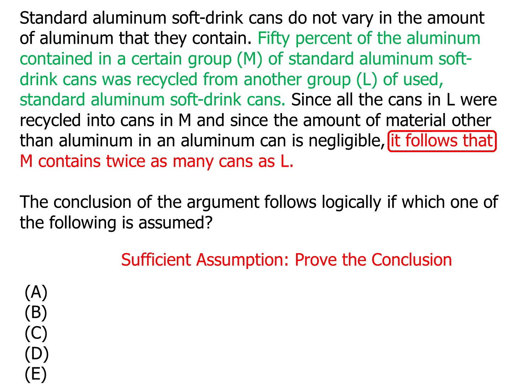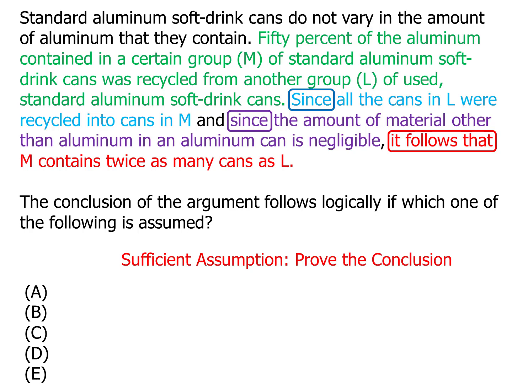We get two pieces of evidence that are highlighted with the evidence keyword "since." Since all the cans in L were recycled into cans in M. In other words, they didn't drop any. Everything that was in L went into M. And since the amount of material other than aluminum in an aluminum can is negligible, in other words, there's nothing but aluminum in the cans.